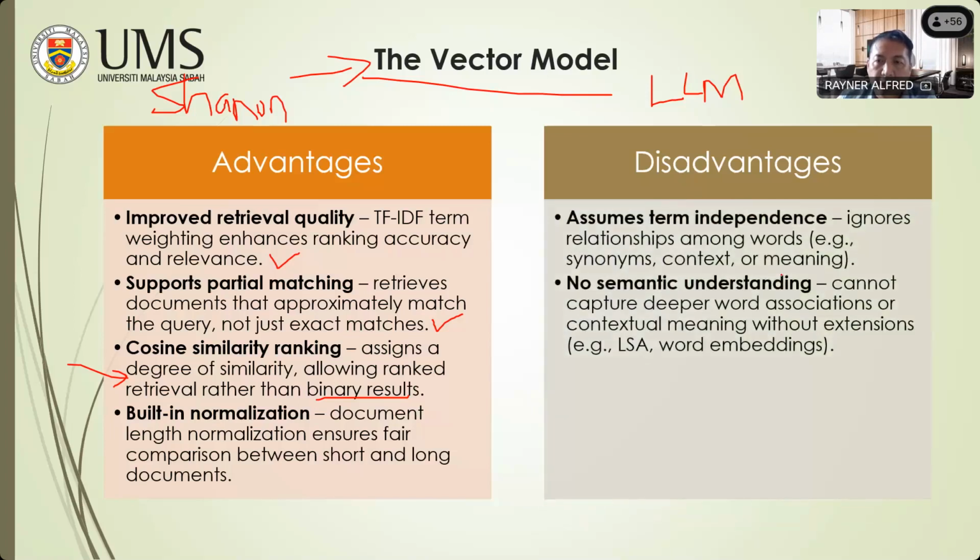Okay, the disadvantage of this vector model, as I mentioned, is that they assume term independence, which means that we cannot capture two or three terms that occur together, for example computer science, ICT, network engineering.